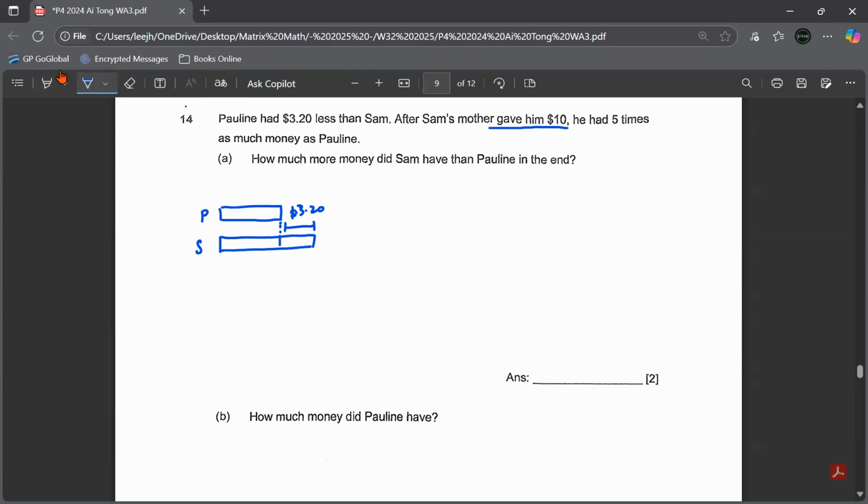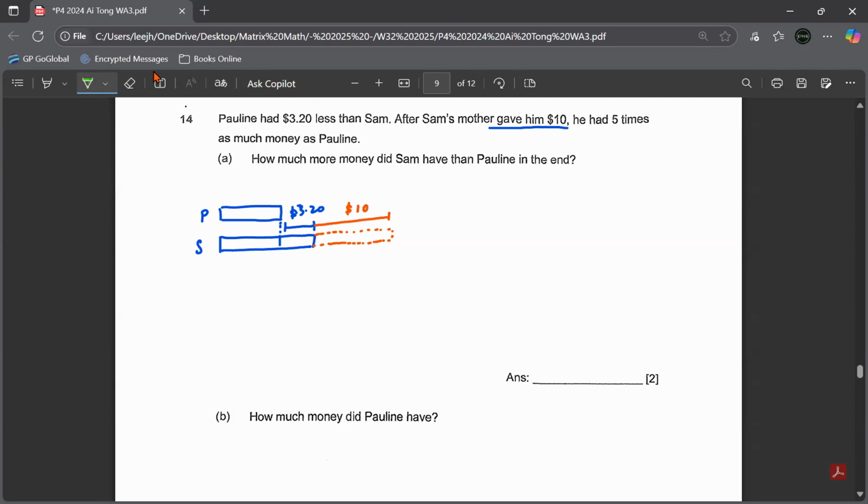So you know that when you give people money, their amount increases. By how much? How much did the mommy give? The mommy gave him $10 more, right? So after this, he got 5 times.